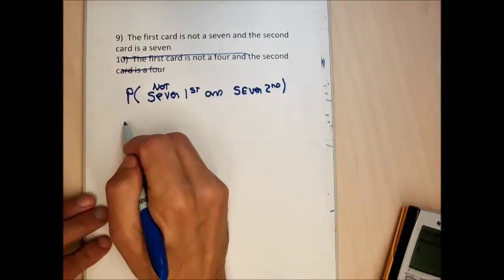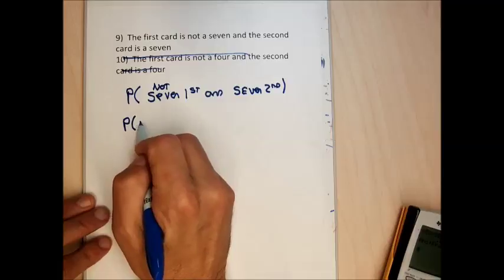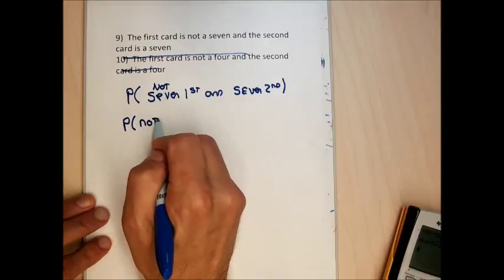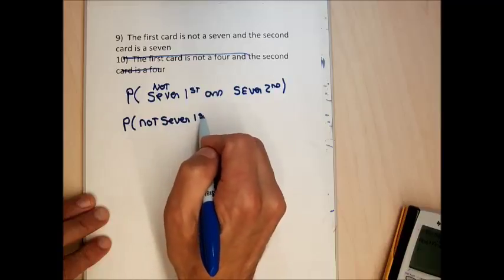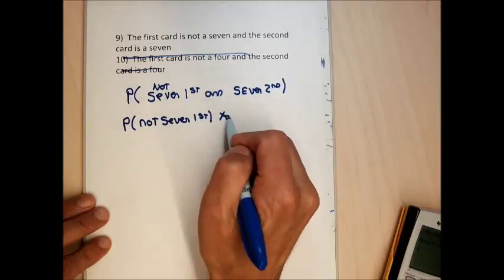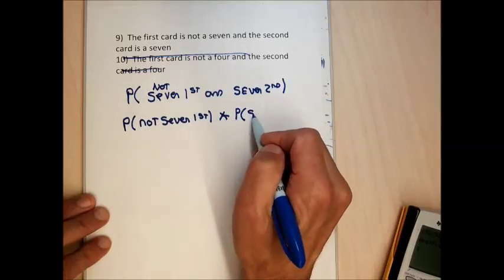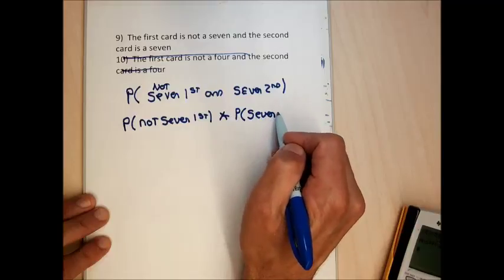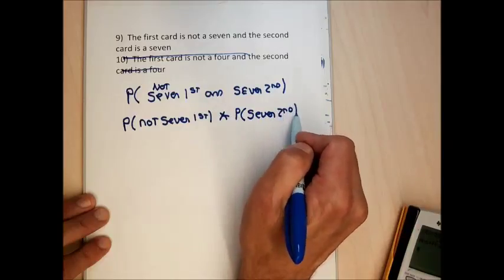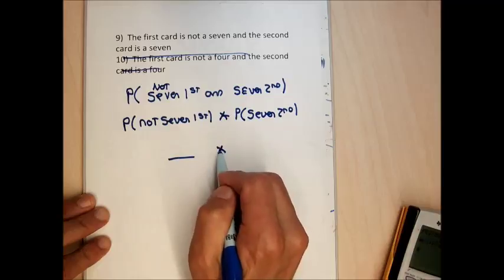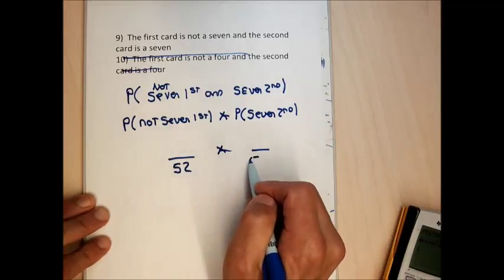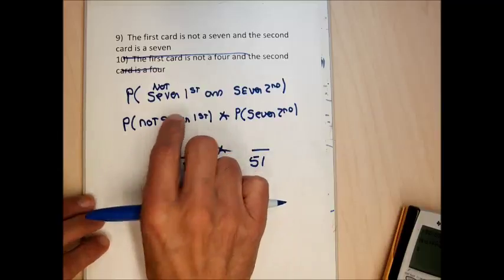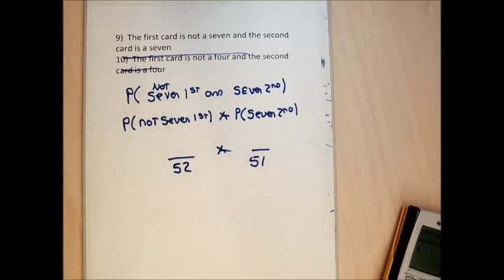So to do this probability, I need to find the probability of getting a card that's not a 7 first and then multiply that by the probability of getting a card that's a 7 second. And my fractions are going to have the denominators dropping by 1 because I'm assuming whatever card I pick first, I'm not going to get it for my second card.